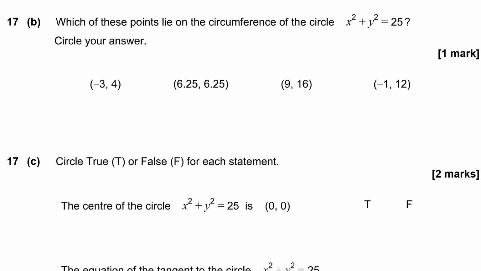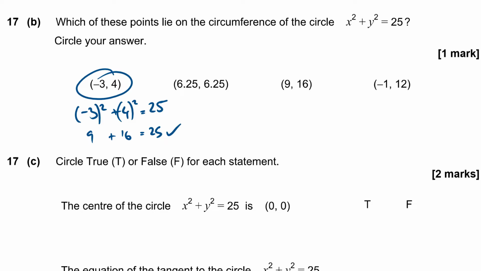Which of these points lie on the circumference of a circle x squared plus y squared equals 25? To find out if a point lies on the line, all you've got to do is sub the values in and see if it's true. So is minus 3 squared plus 4 squared equal to 25? Minus 3 squared is 9, 4 squared is 16, 9 plus 16 is 25, so yes.